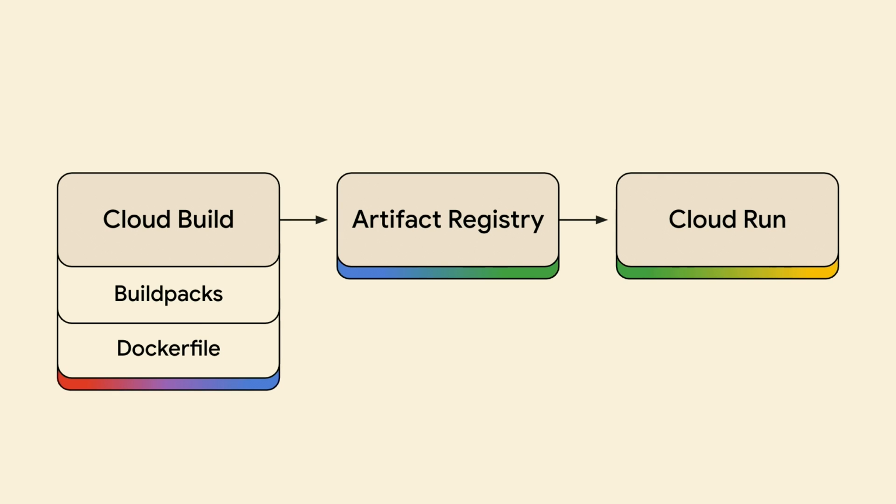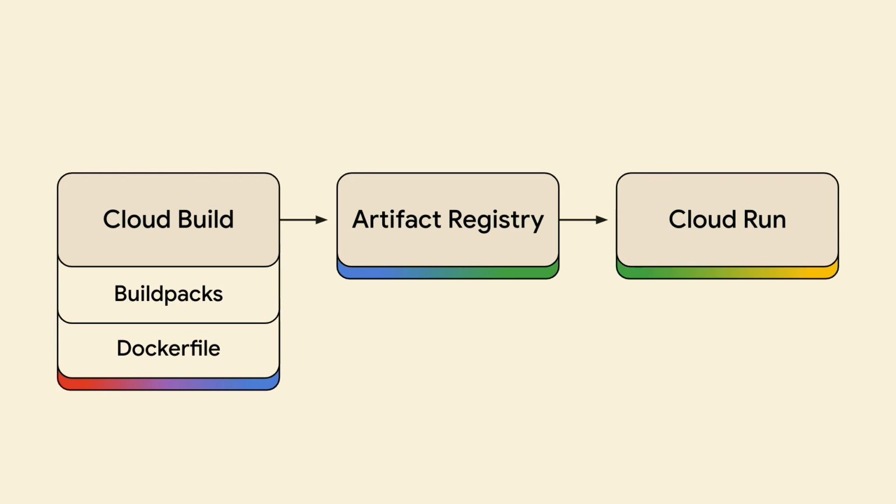If you have a specific way you would like your application to be built, a specific order of things, or you've got a specific optimized build process that you'd like to run, Cloud Build will first look to see if you have a Docker file. And that will trump everything else that we've got inside of here. So anything that it does in BuildPacks, it'll just ignore all of that if you have a Docker file. It will go to your Docker file and run those steps.